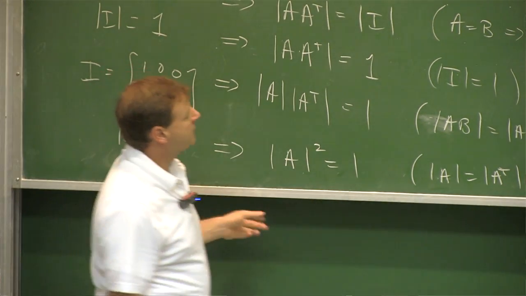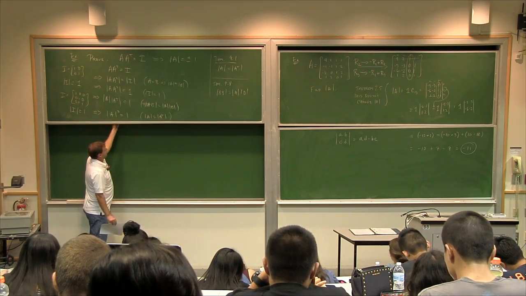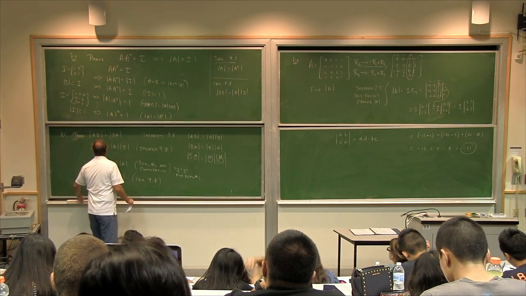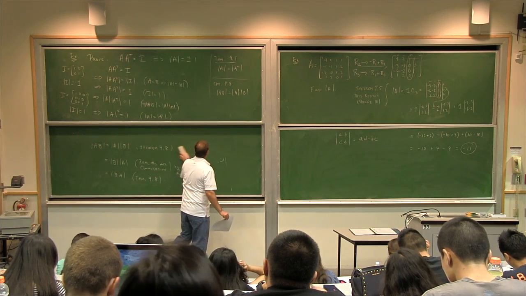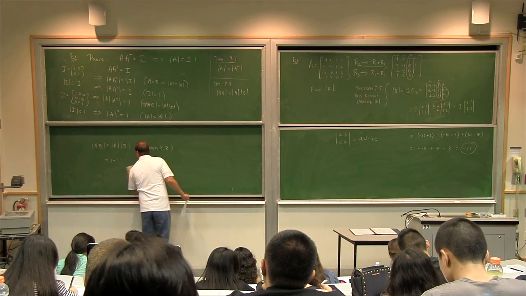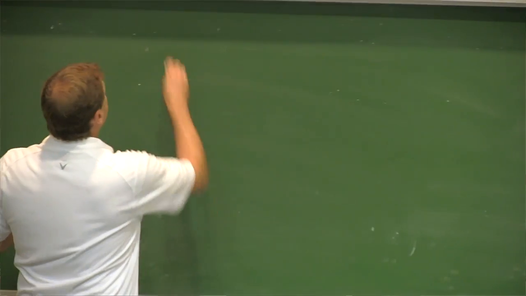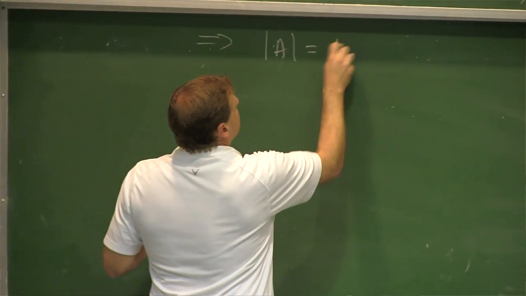So that's the final conclusion there. We'll just write it right here. So my final implication is that the determinant of A is equal to plus or minus 1.